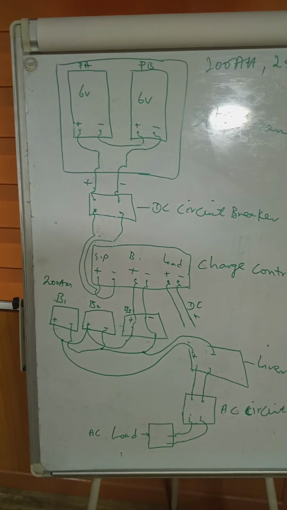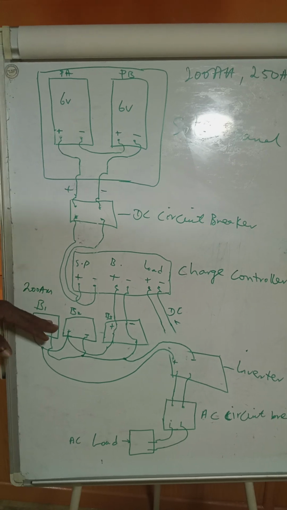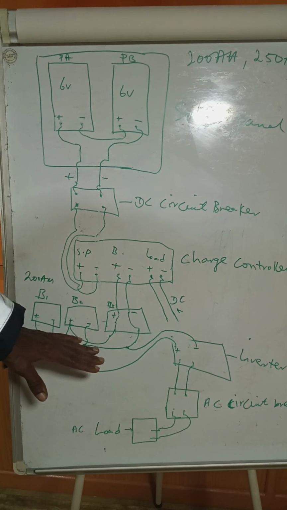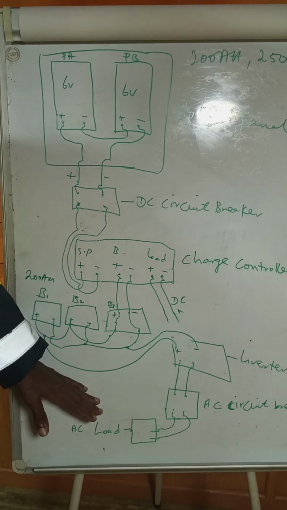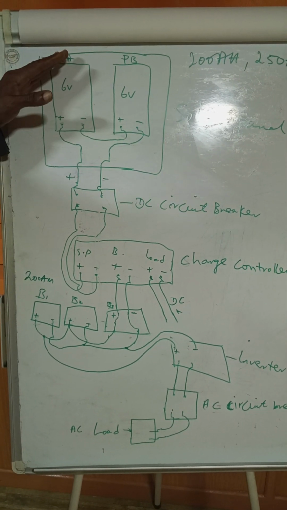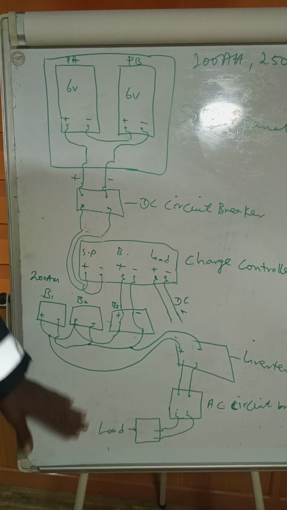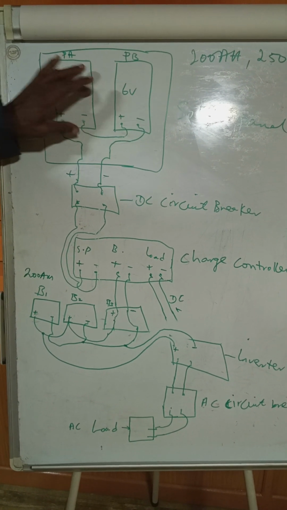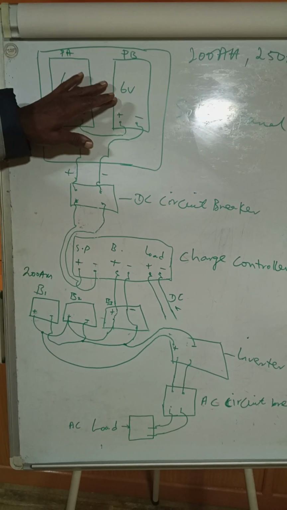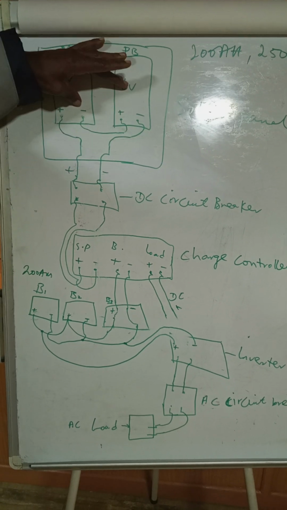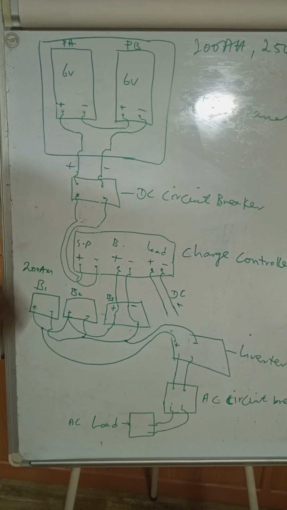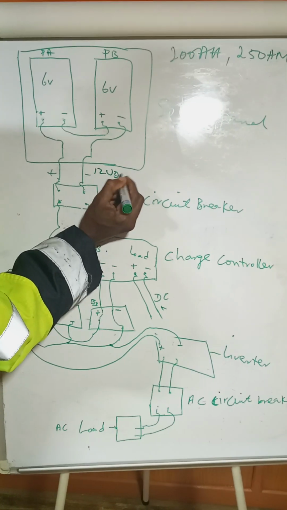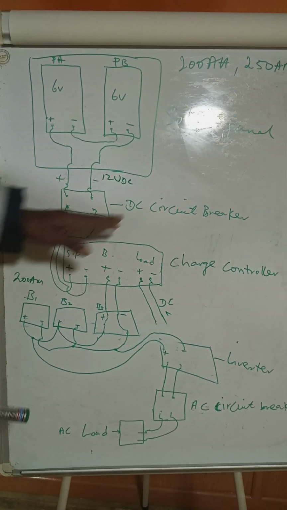So at this point, I believe it is very explanatory how to connect your solar panel from the solar down to your load. I can easily run through it again. Remember, there are 2 panels, 6 volt, connected in series, and that is why you have 12 volt DC coming to your DC circuit breaker.